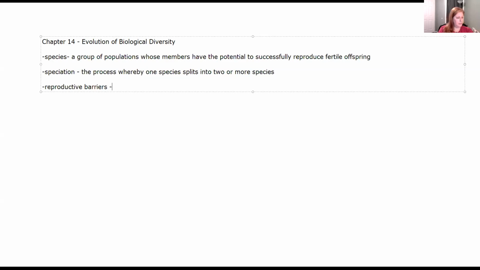Also, pretty much what it sounds like. Okay? A reproductive barrier is anything that prevents individuals from closely related species from successfully interbreeding. In the example I just gave you, it was the formation of a canyon.